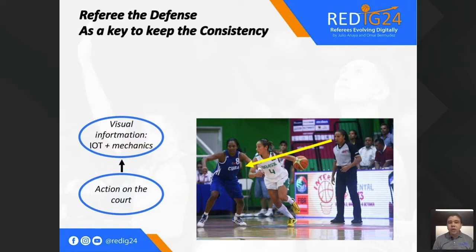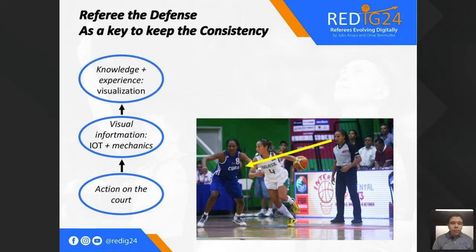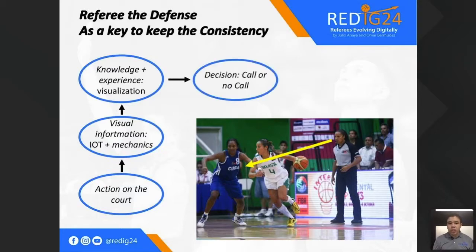To visualize information, we use the IOTs and we use the mechanics. Then when we watch that picture or that action in our mind, we combine the knowledge and the experience to have a decision to call or not call. But it's still a decision.